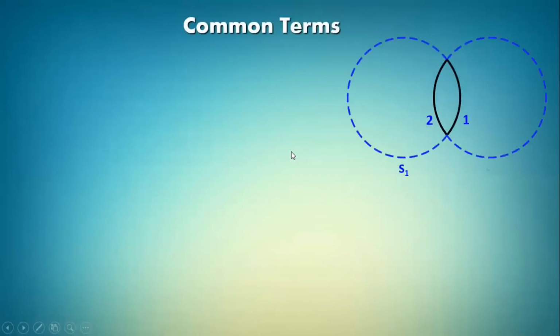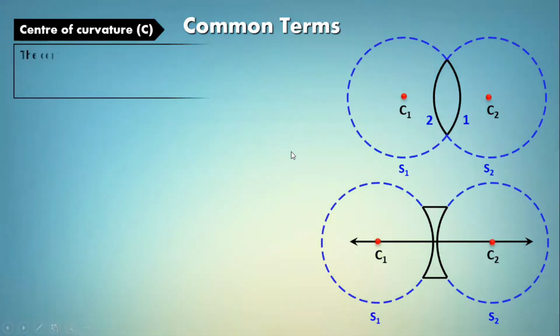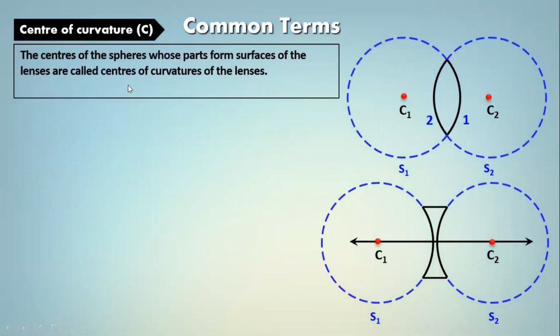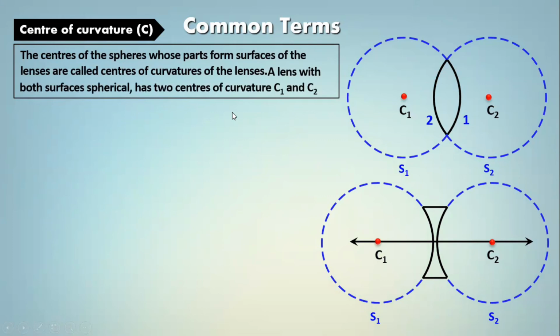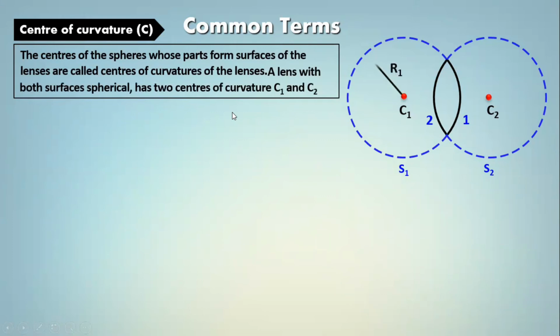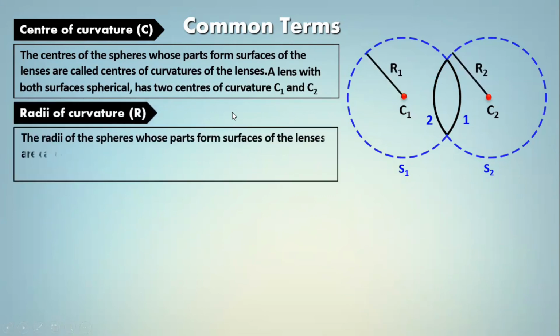Some common terms about convex and concave. C is called your center of curvature, the centers of the spheres whose parts form the surfaces of the lenses. If you see these two figures, C1, C2, these are centers of curvature. Radii of curvature: it's a circle, so obviously it will have a radius.